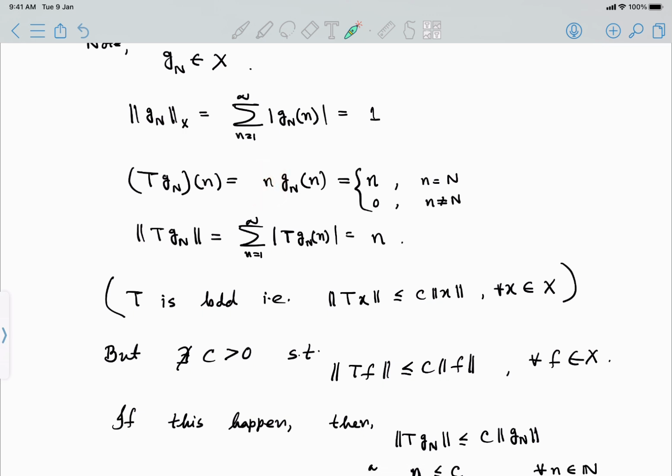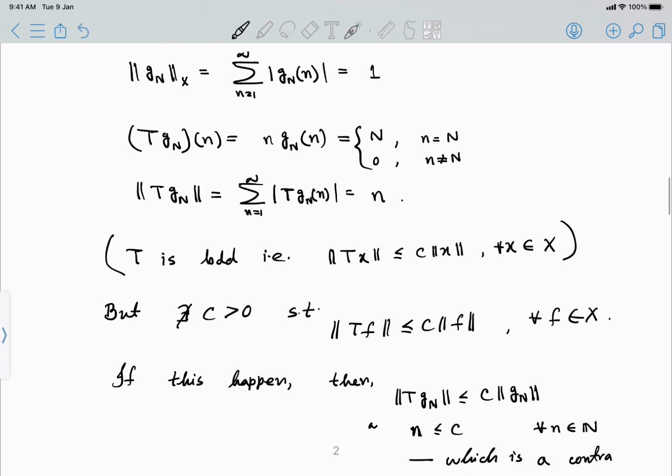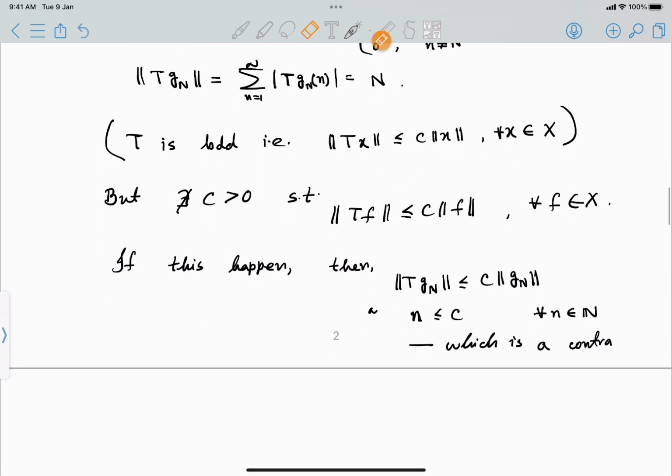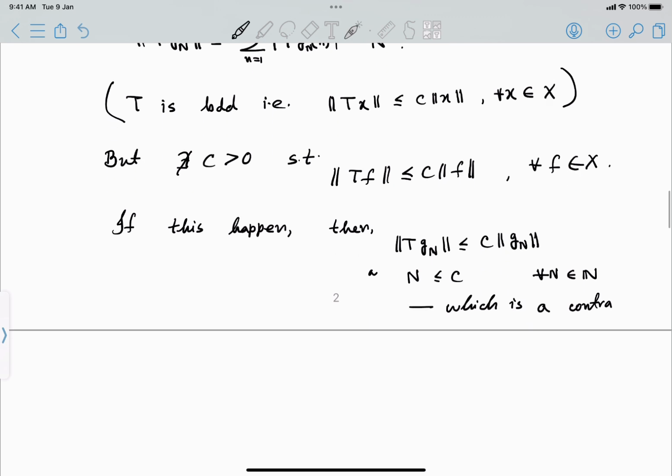So basically it will be this capital N, right? So at the point n equals to n, we can write also capital N. Which is a contradiction.